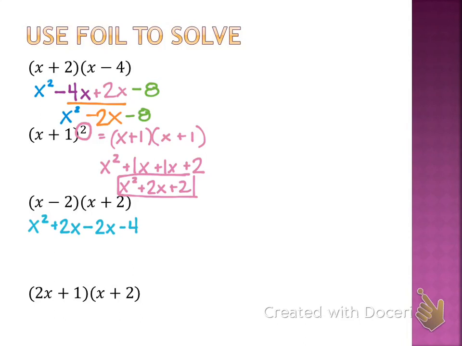Now let's look at what happened, okay? These two terms right here in the middle are my like terms. Positive 2x and negative 2x. When I add positive 2 plus negative 2, I get 0. Therefore, these two terms cancel out. I don't need to write 0x. Anytime they cancel out and give me 0, I can just not write it.